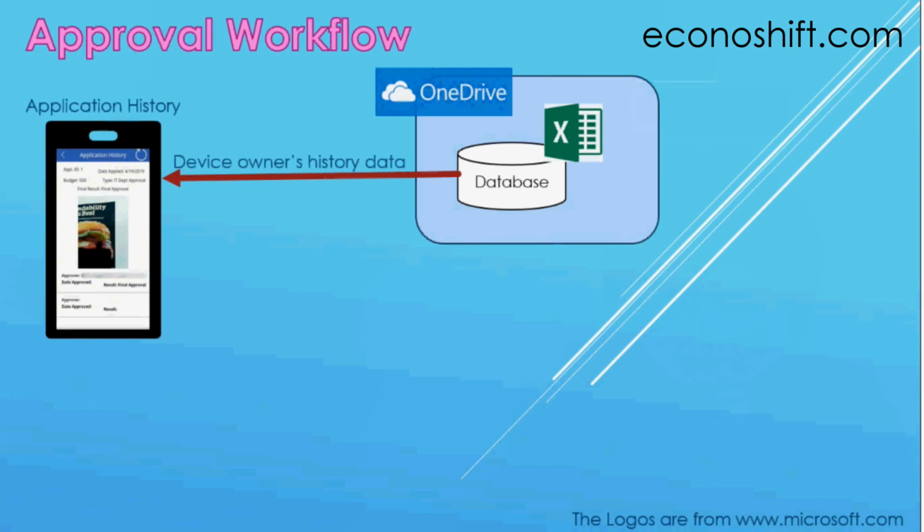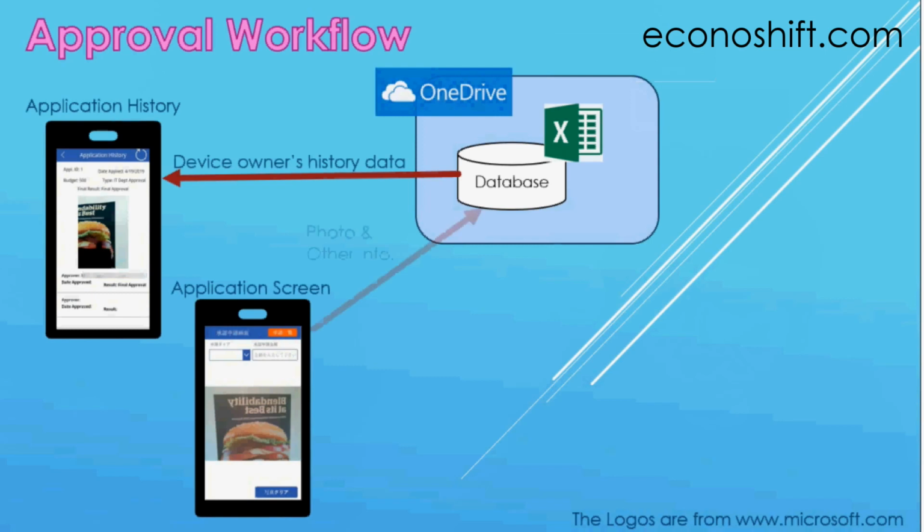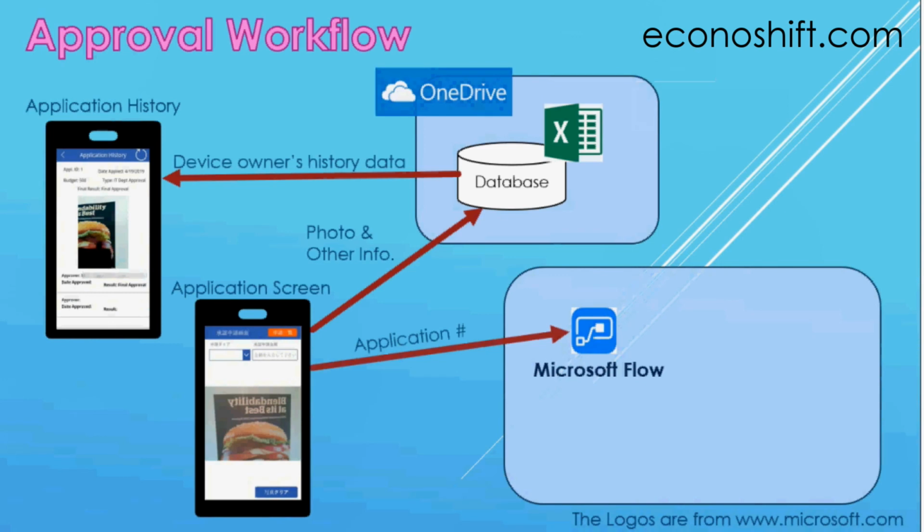When you tap the Submit button in the application screen, the application form photo and application content are saved in Excel in OneDrive, and the application number is sent to Microsoft Flow. Then the approval workflow starts.